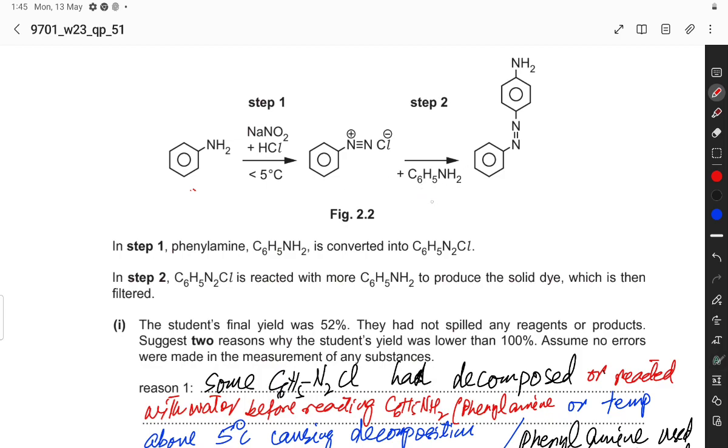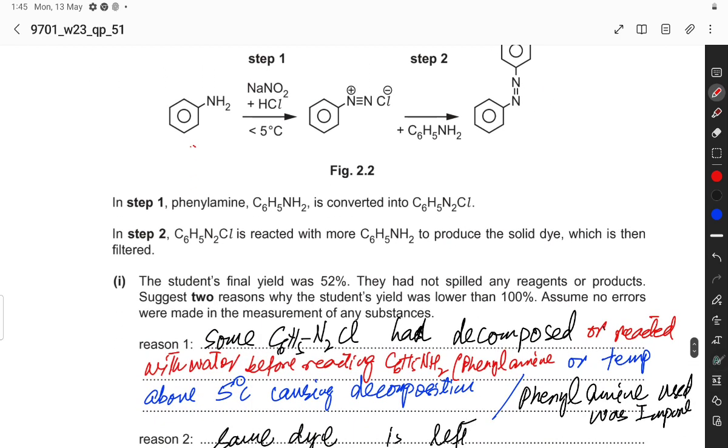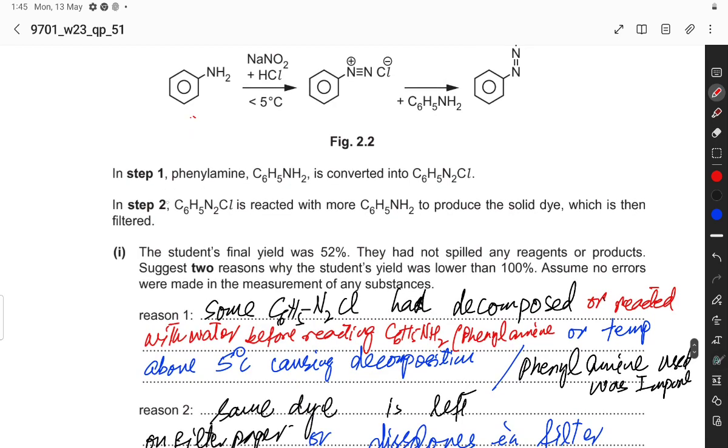In step 1, phenylamine is converted into phenyl diazonium chloride, and in step 2, phenyl diazonium chloride is reacted with more phenylamine to produce the solid dye, which is then filtered.